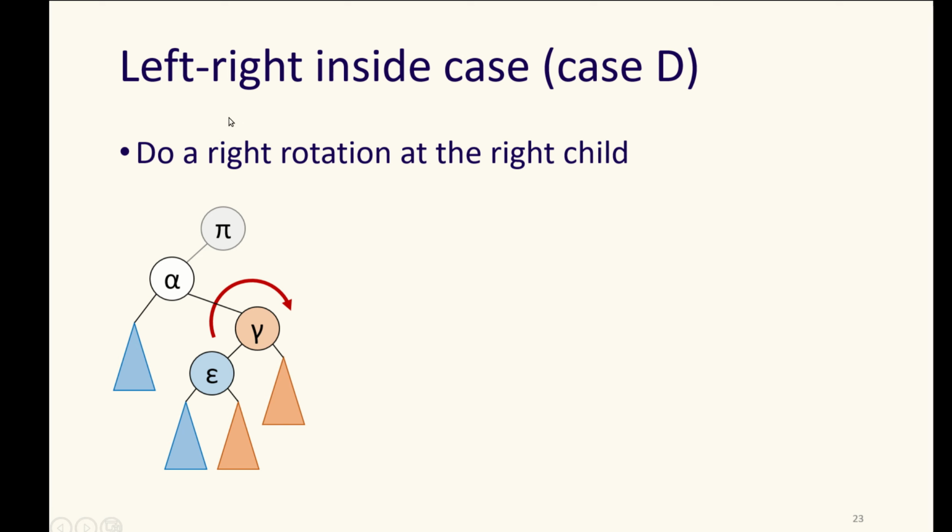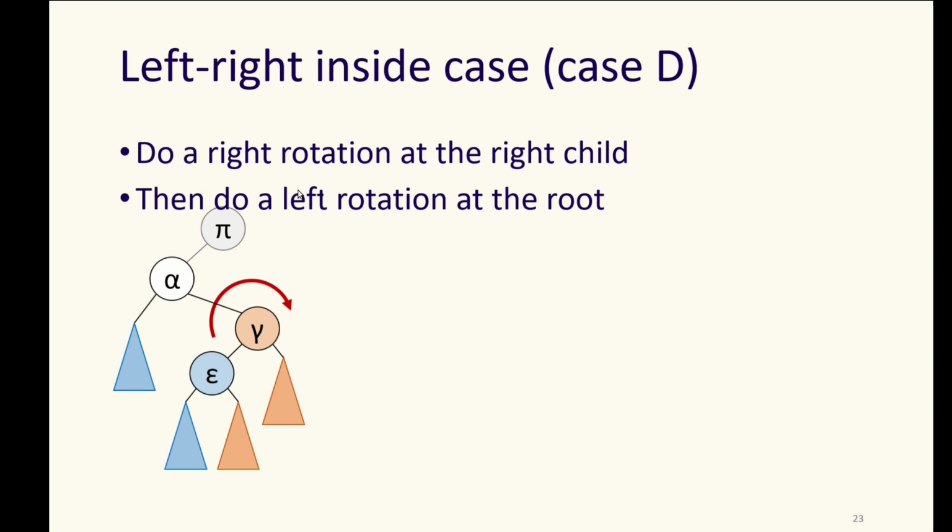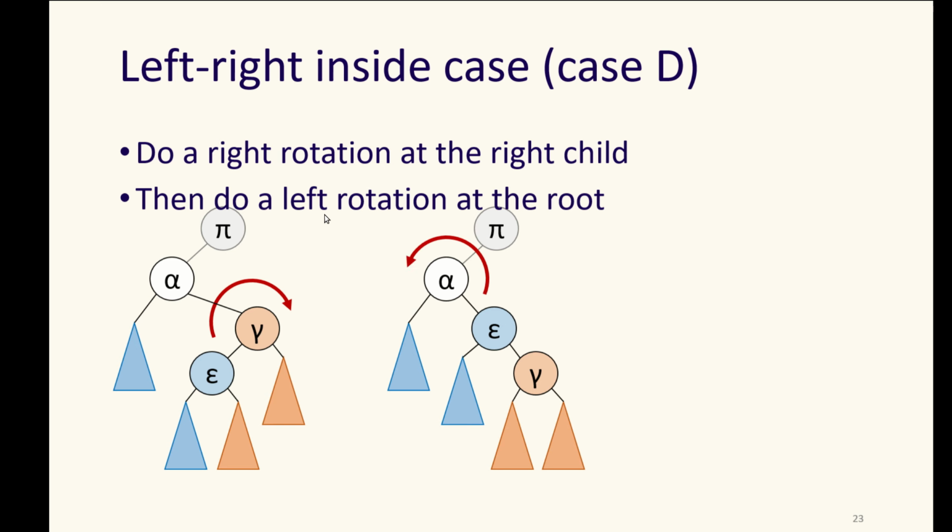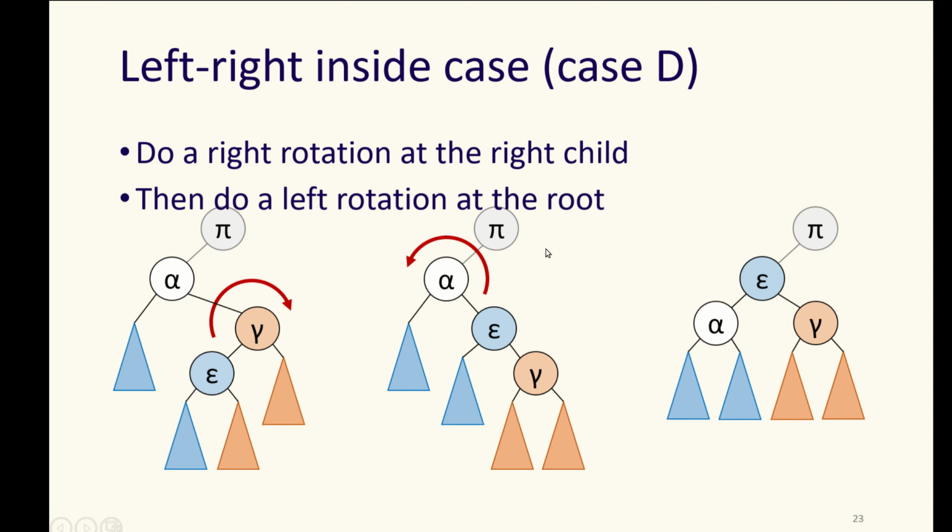So for the left-right inside case, we do a right rotation at the right child of alpha, and then we do a left rotation at the root, which again, this sort of helps us to arrange things underneath and then to shift them up above, and gives us again a hopefully nicely balanced tree. It will be nicely balanced, again, not perfectly balanced all the time.